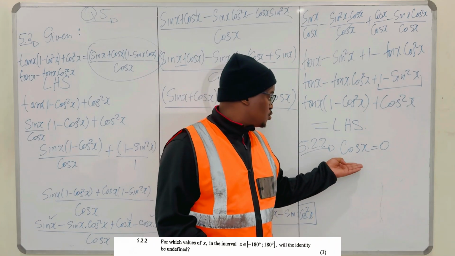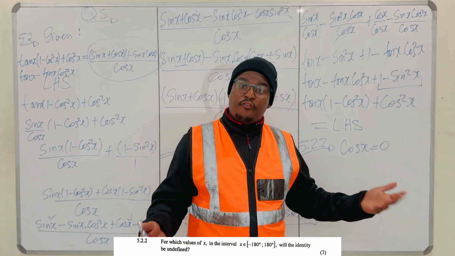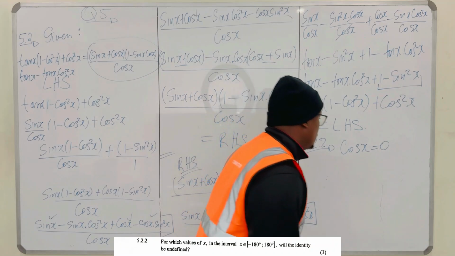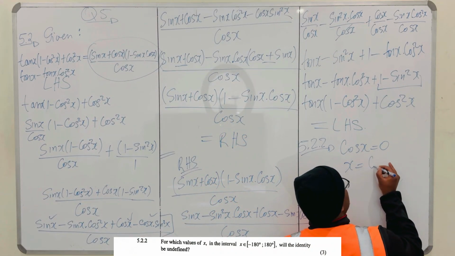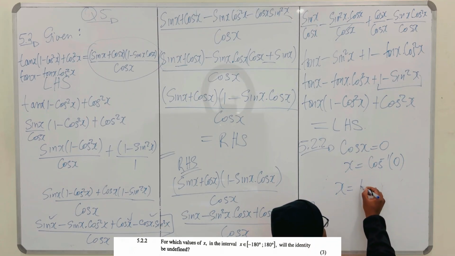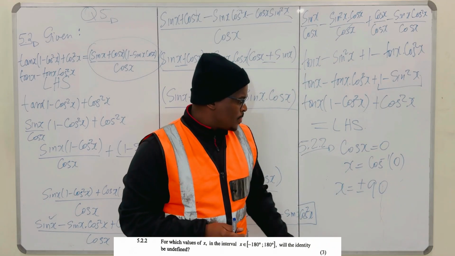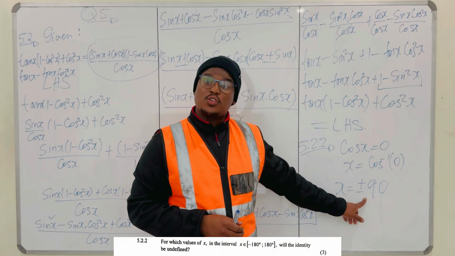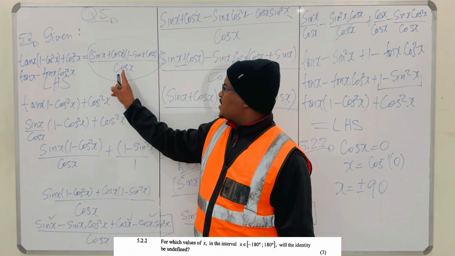So what do we do? x is equal to, take the arc cos of 0, your x is equal to plus or minus 90 degrees. So for x equal to 90 or negative 90, this part here is equal to 0.